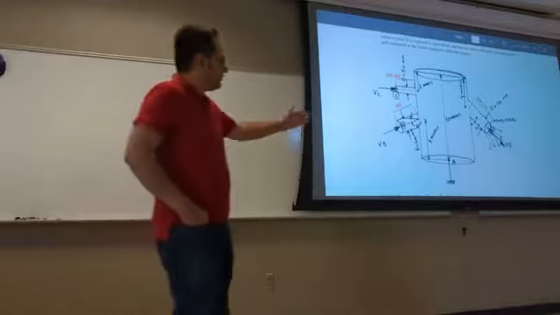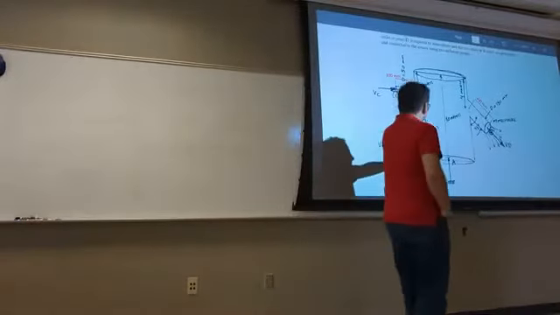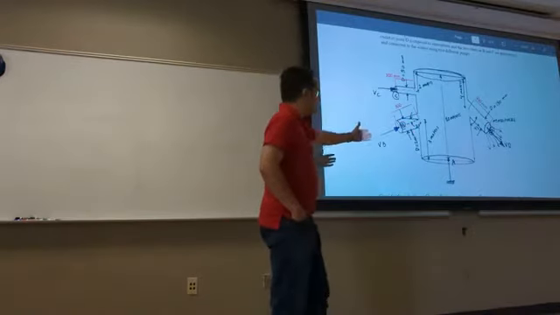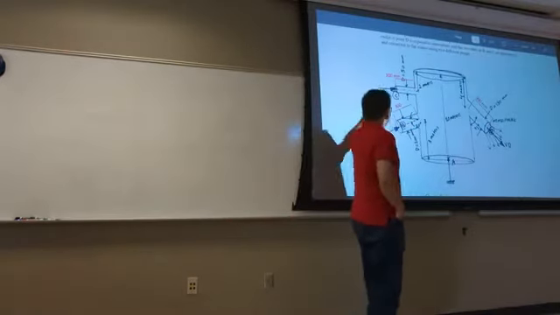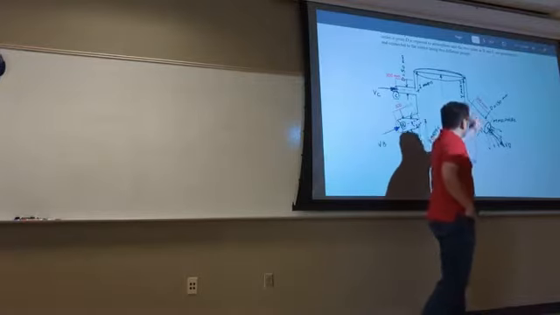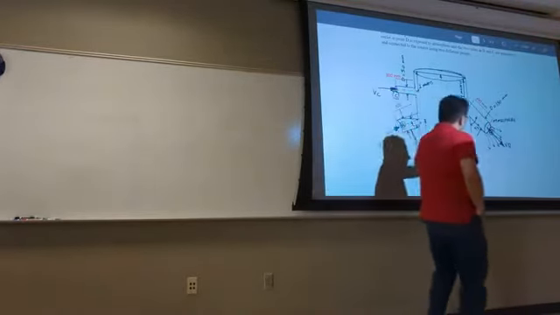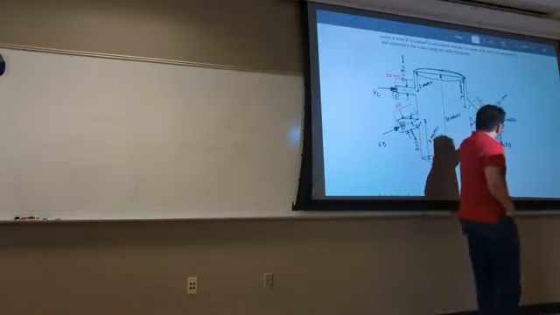We have this control volume. It's a tanker, and initially we have water in it, and we have two inlets, VB and VC, and then one outlet, VD. Now you can see here this direction of flow is because it's exposed to the atmosphere.